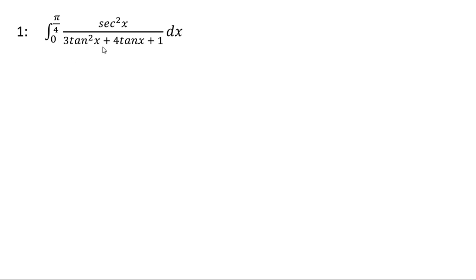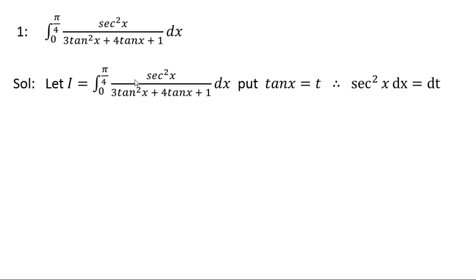When integration cannot be evaluated directly, when we have to make use of the method of substitution, one has to change limits also. So I will explain how to change limits using this example. In this problem, I will put tan x is equal to t.